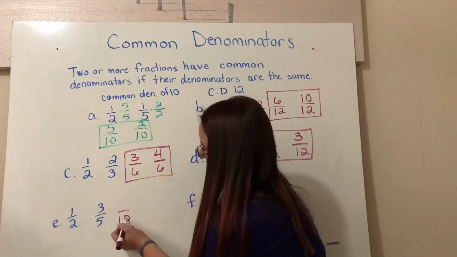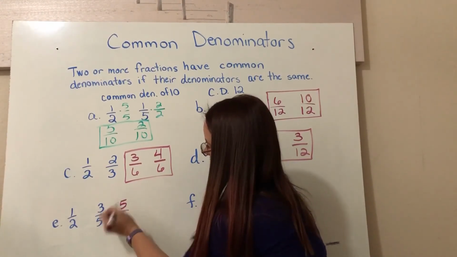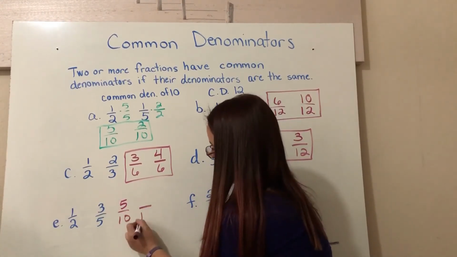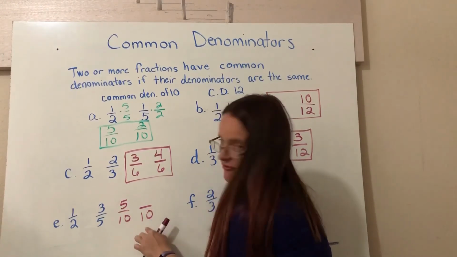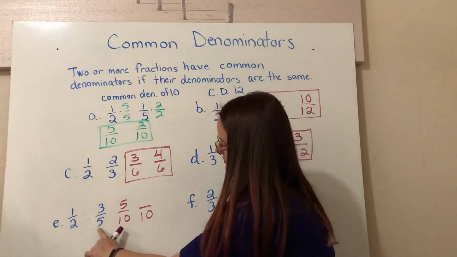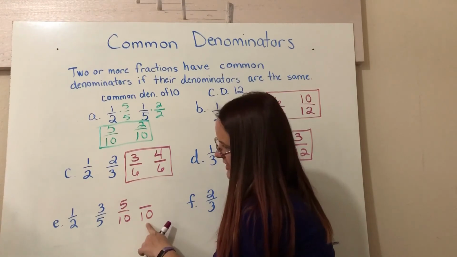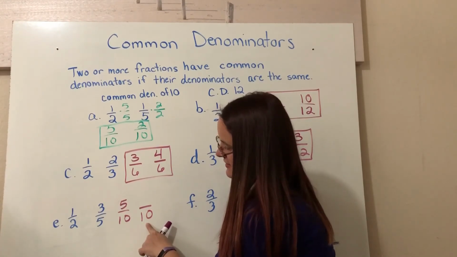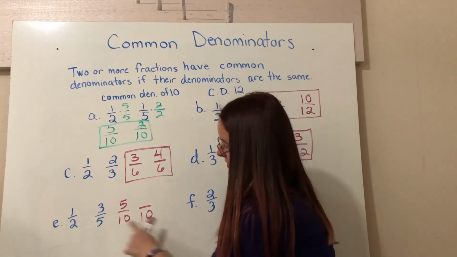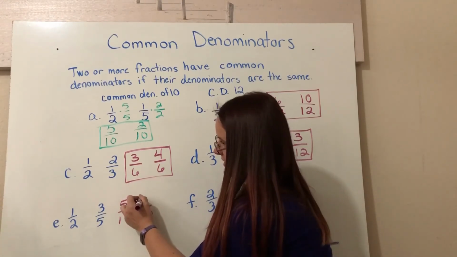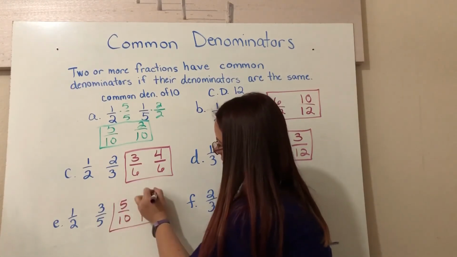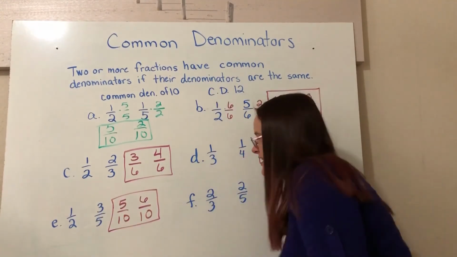So 2 times 5 is 10. 1 times 5 gives me 5/10. Then my other common denominator fraction will also be 10. 5 times what equals 10? Nyla? 5 times 2. So 3 times 2 is 6. So here are my fractions with common denominators.